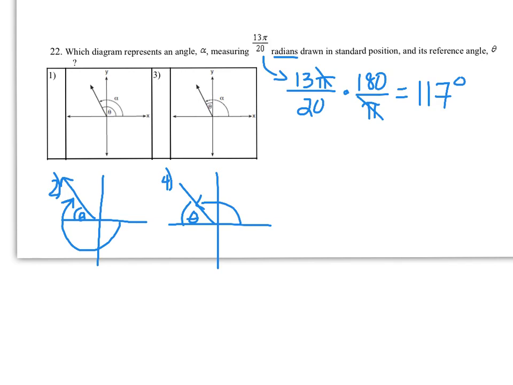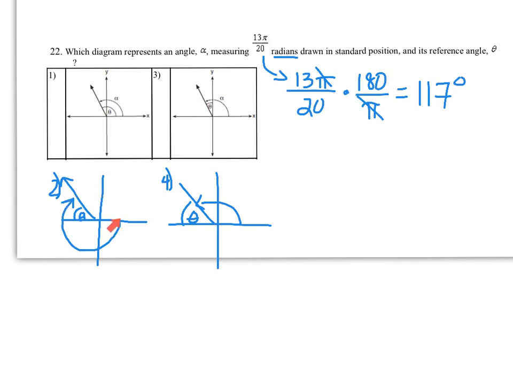Now, the question is asking which of the diagrams represents that angle of 117 degrees, which we know is in the second quadrant, but that doesn't necessarily help us right away. It says it's drawn in standard position and its reference angle is theta. So let's look at this for a second. I want to point out one thing. Let's look at choice 2 here. You notice all positive angles should start on the positive x-axis and go in a counterclockwise order.